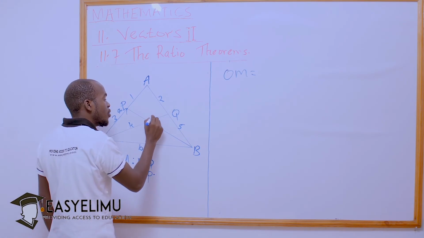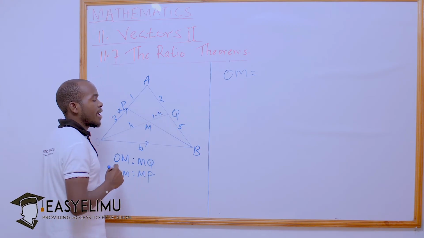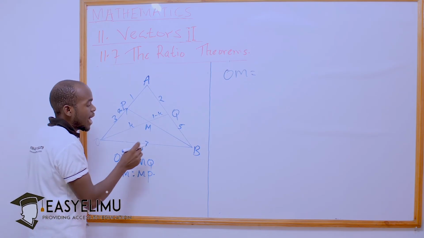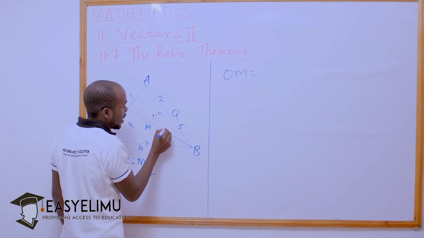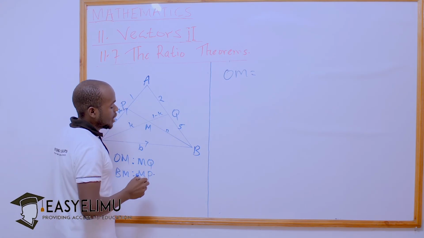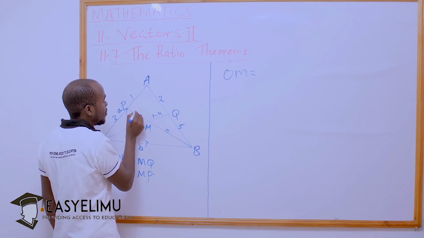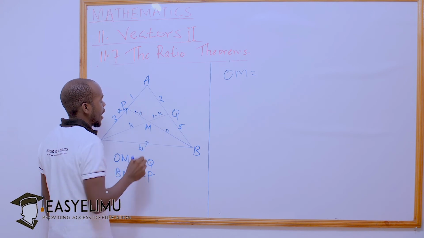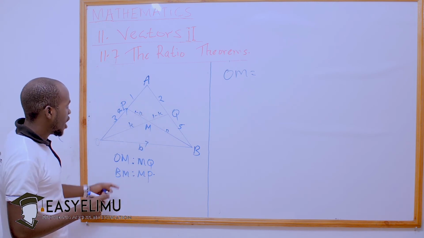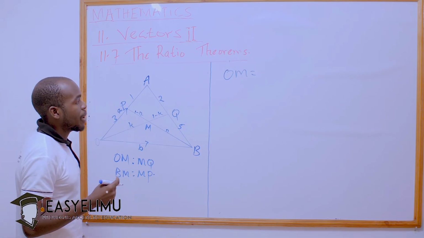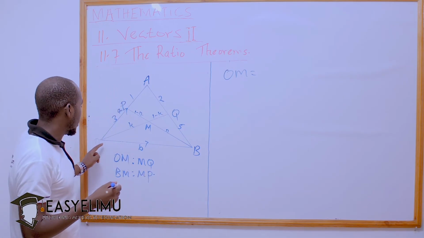Then it means here will be 1 minus that K. And the other line, let's say this one is N, such that if this is N, then this one will be 1 minus that N. So I want to find OM in two different ways.